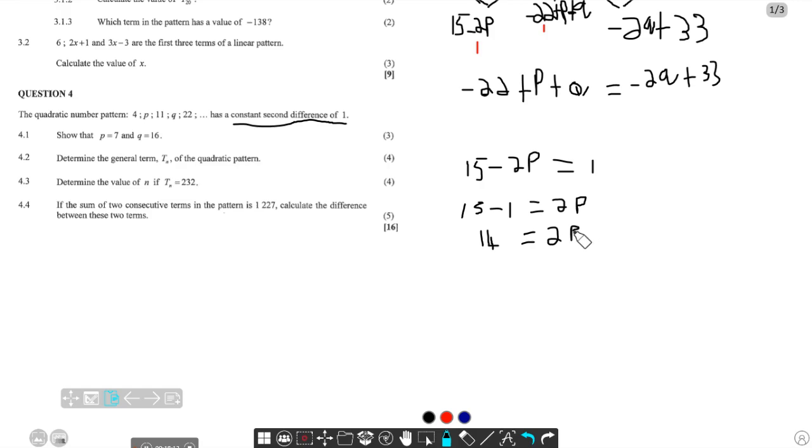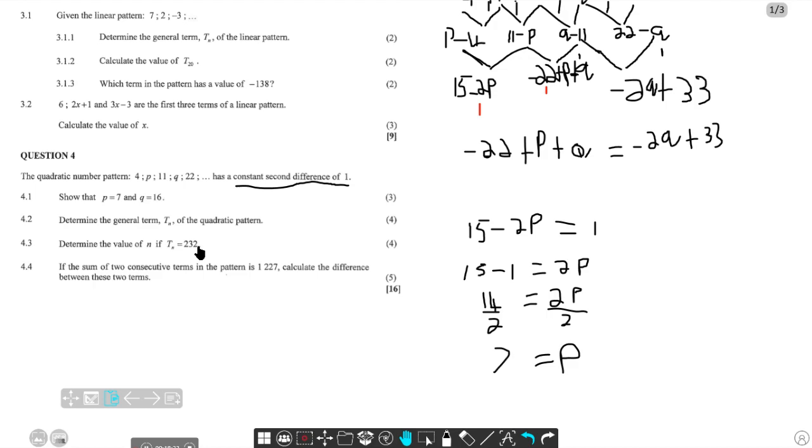Then we're going to divide by 2, and divide by 2. Therefore 7 is equal to p. And then wherever you see p, you're going to substitute 7. And then you're going to see that your q is equal to 16.